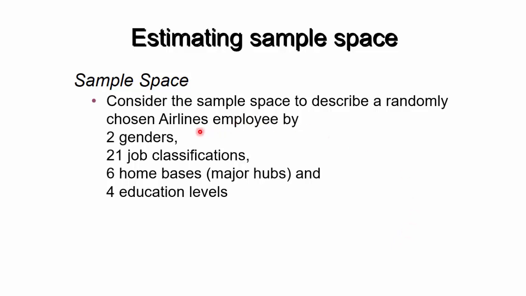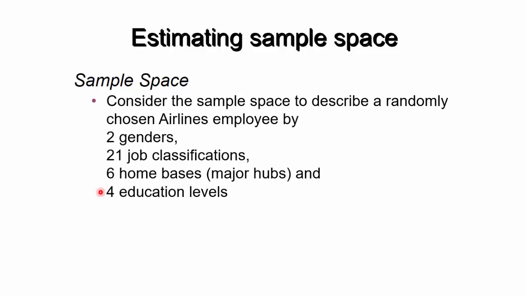It's about an airline company that has classified its employees on the basis of gender, on the job classification as to different levels of the job, managers, senior managers, supervisors, etc., on the basis of where it operates, depending on the countries like the major hubs, Dubai, or probably Berlin, etc., and based on their educational levels.